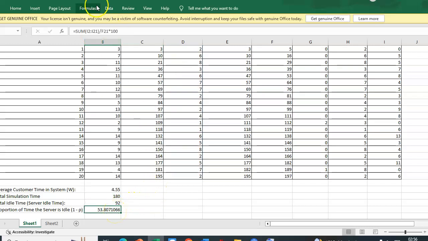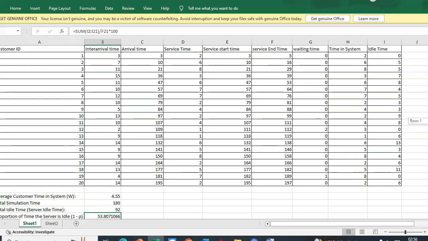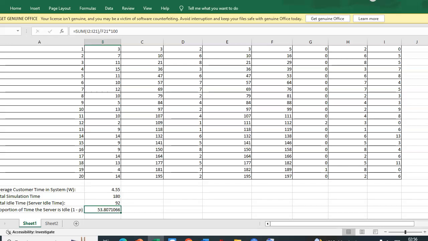And then you do the proportion of the time the server is idle. This one is a bit tricky, whereby you get the sum, but for the formula, let me show you.